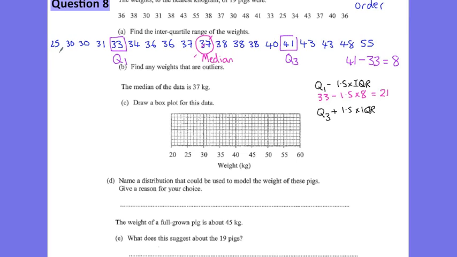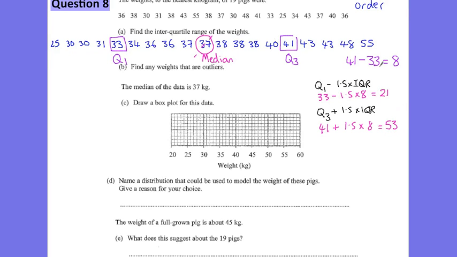We therefore have no outliers at the lower end because our lowest number here is 25. But let's check at the other end of the distribution. Substituting our values here, we have 41 add 1.5 times 8, which is equal to 53. This means any number larger than 53 is an outlier.